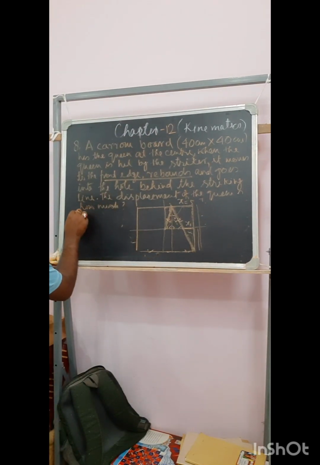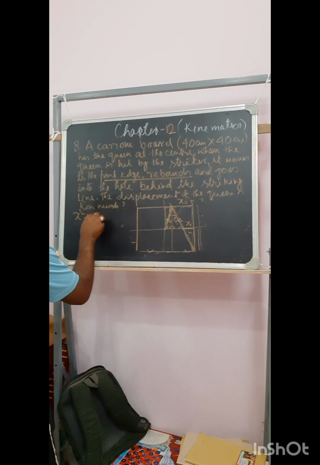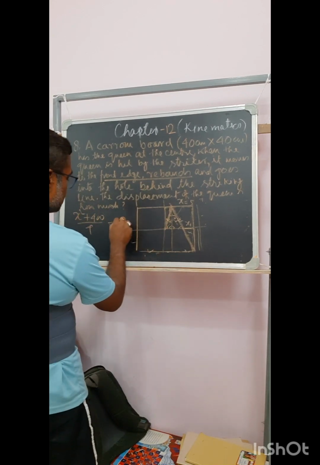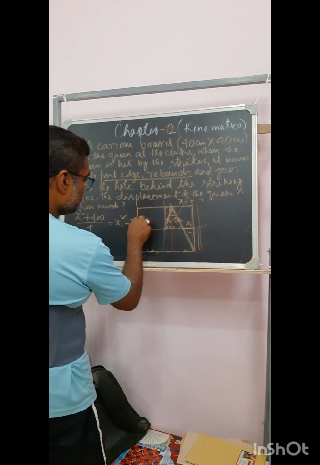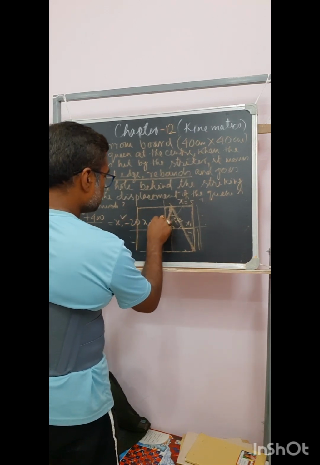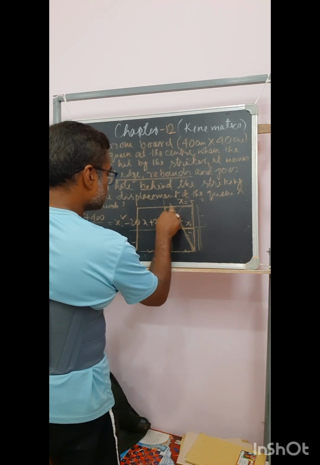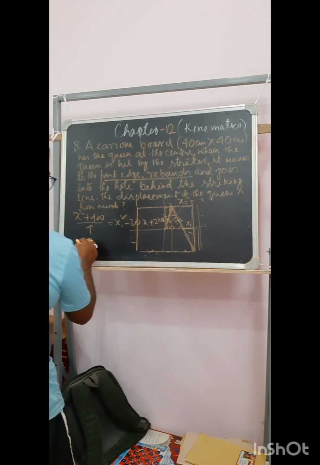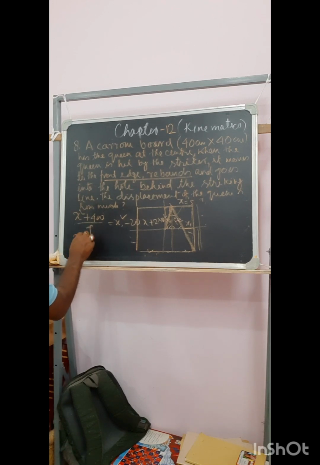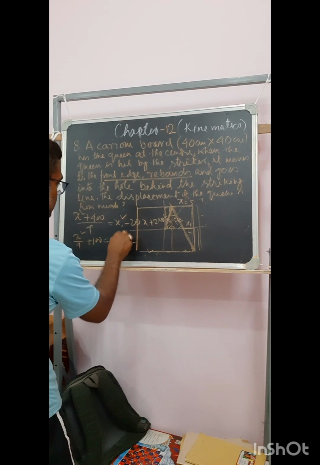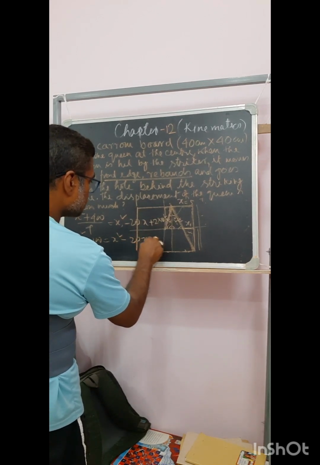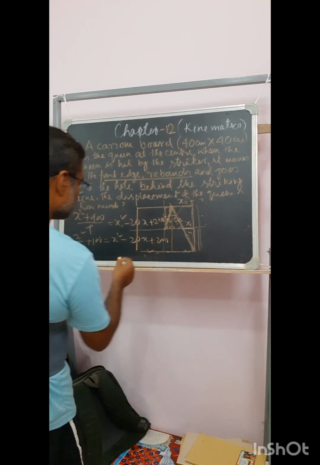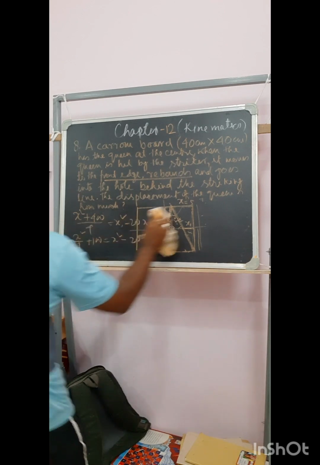So this is x square plus 400 by 4, and this side x square was there, 20x was there, and then plus 2 into 10 square is there. So this is not cancelled out. This will be converted into x square by 4 plus 100 equal to x square minus 20x plus 200. Sorry, I have made a mistake, so let me rub it out.